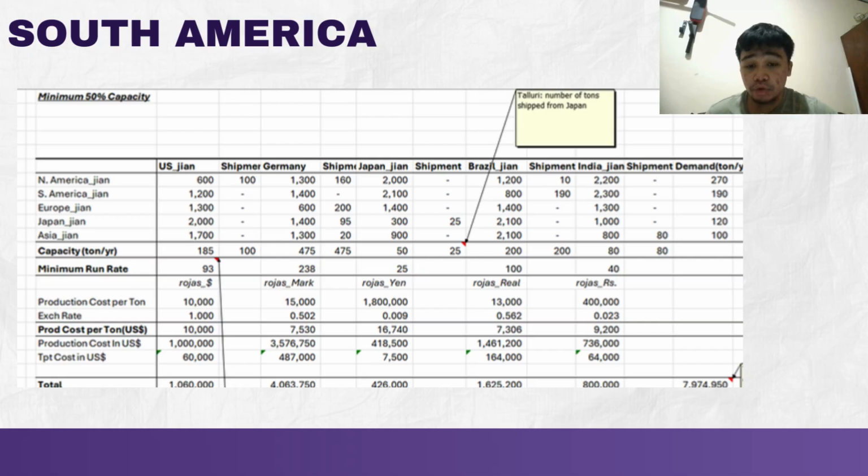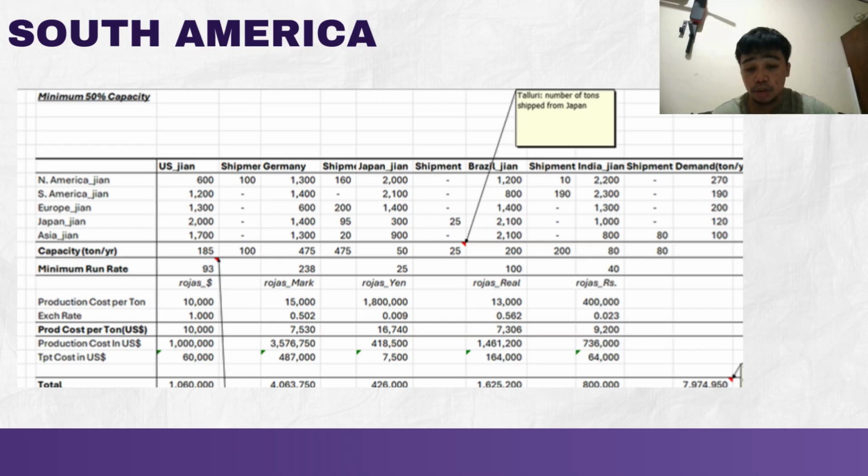For South America, it is best if Brazil will serve this continent, because Brazil has the lowest production cost among all plants, only costing $7,300 if we convert it to US dollars.